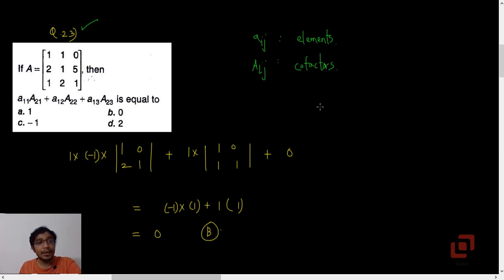Although we have the lowercase letters a11, a12 and a13, that means everything that covers the first row, we have A21, A22 and A23. That means we need to consider the cofactors of those elements in the second row. So we'll do that now.